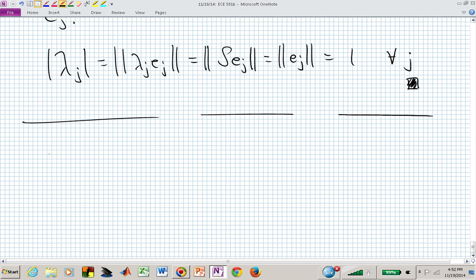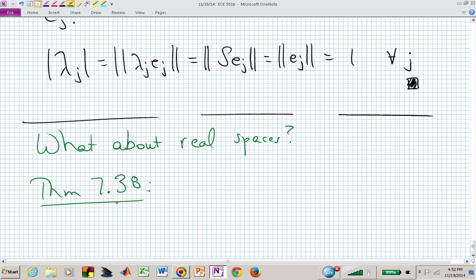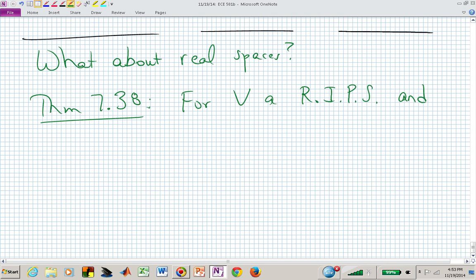What about real spaces? We know that a lot of times when we deal with real spaces, it gets a little bit more constrained as far as what we can state. Here's theorem 38 from chapter 7. Suppose V is now a real inner product space, and S is a linear operator on that inner product space.